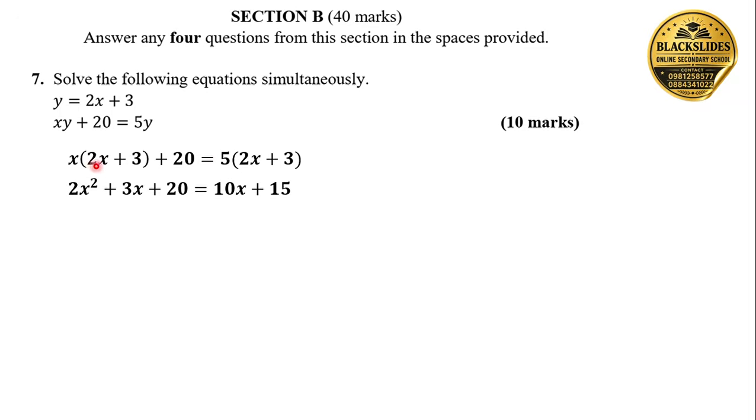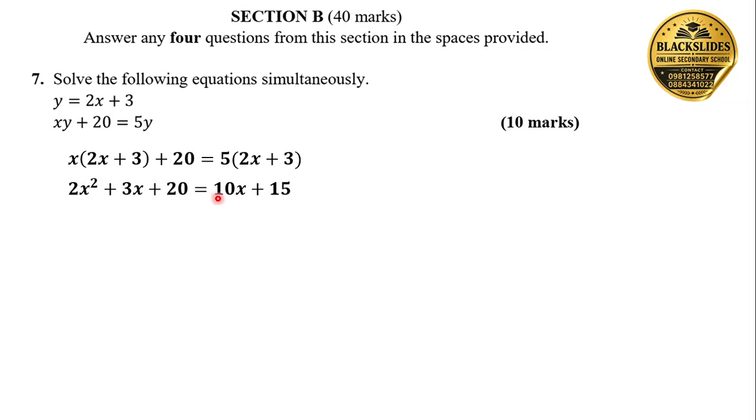So multiplying through will give us x times 2x is 2x squared. x times 3 is 3x, plus 20. This side, 5 multiplied by 2x is 10x. 5 multiplied by 3 is 15.